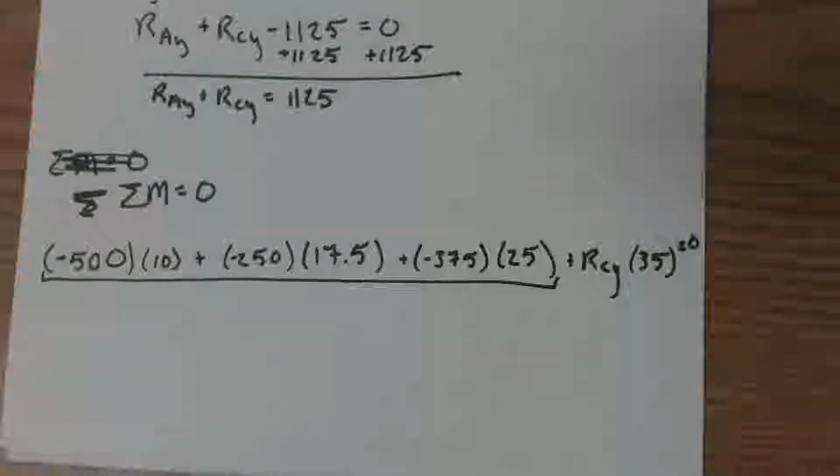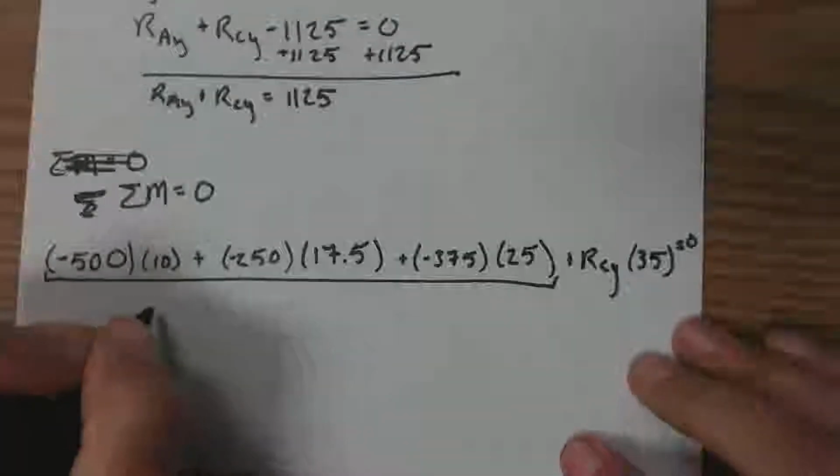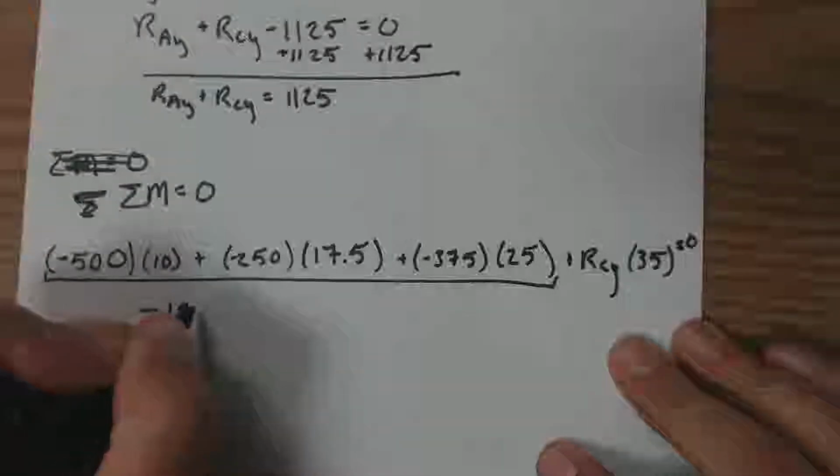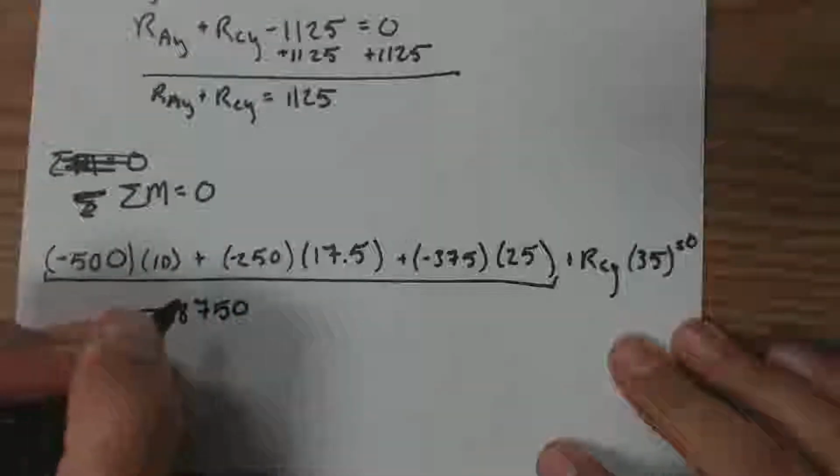Negative 500 times 10, well that's negative 5,000, minus 250 times 17.5. Alright, all of that gets me a negative 18,750.